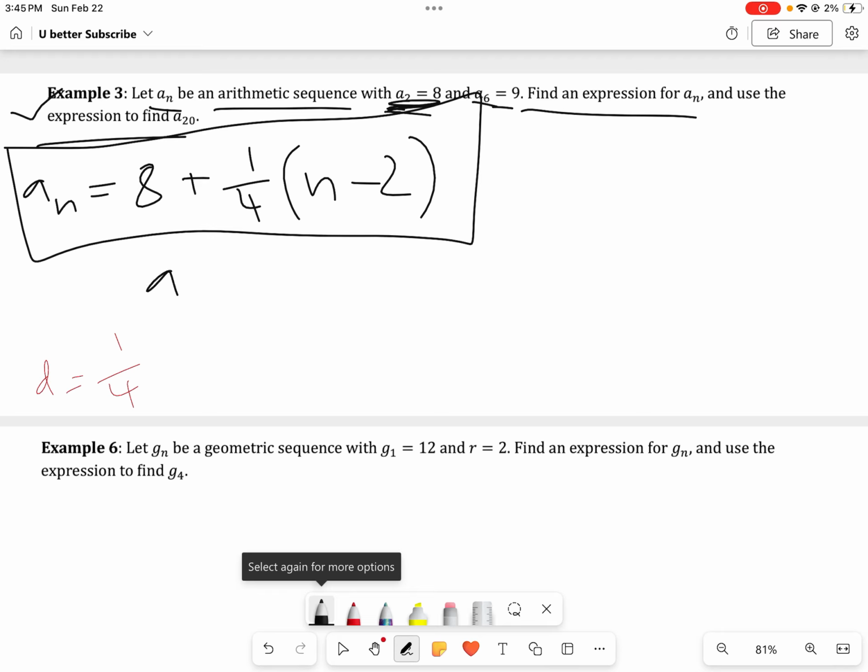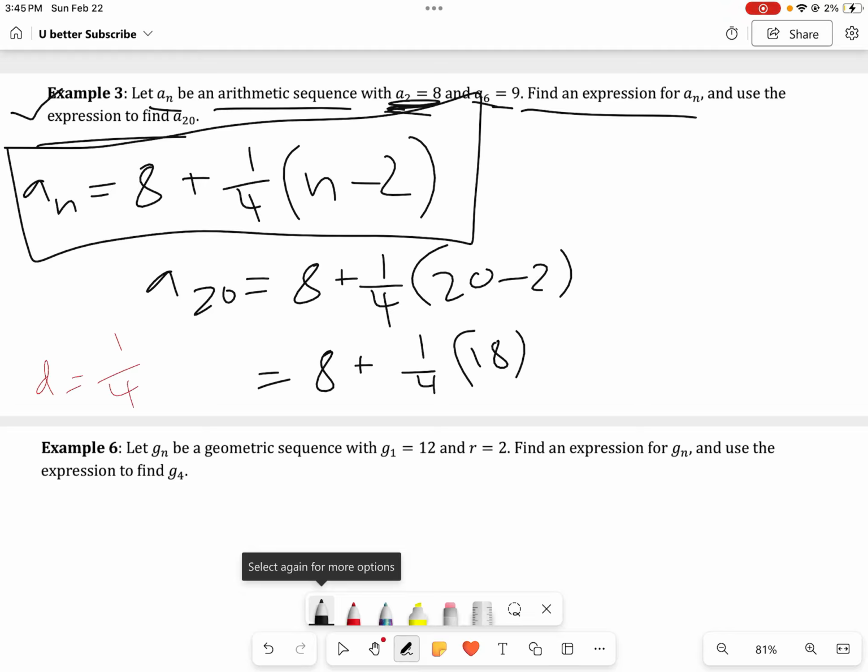A of 20 is 8 plus 1/4, times 20 minus 2. So that's just 8 plus 1/4 times 18, which is 18 over 4, and 8 is 32 over 4.